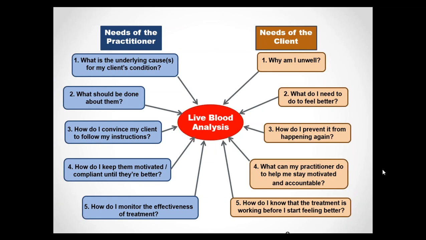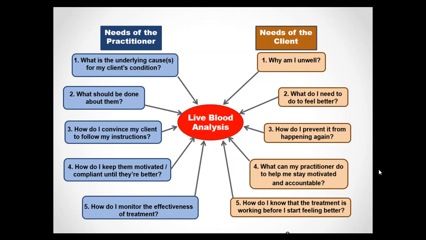So we mentioned that it is a technique used by many natural health practitioners to assess the health of their clients and to identify a number of underlying imbalances that may be contributing and are often the underlying cause to their client's state of health.